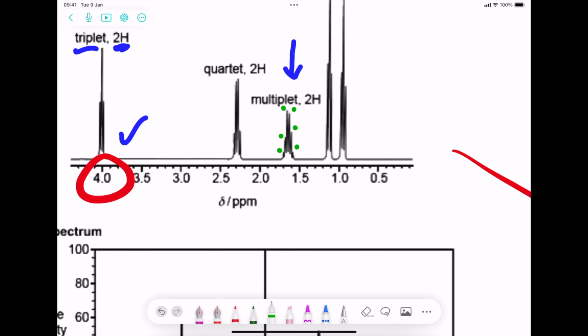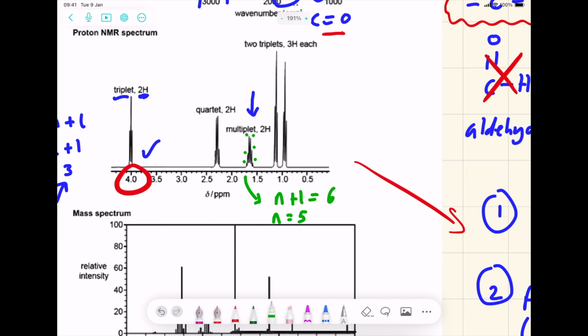So if it's split into 6, if we work backwards from that, n plus 1 is equal to 6, which means the number of hydrogens on the neighbouring environment to cause that must be 5. So now we have to get a carbon environment where the hydrogens in that environment are adjacent to 2 other environments that have a total of 5 hydrogens to get that multiplet.